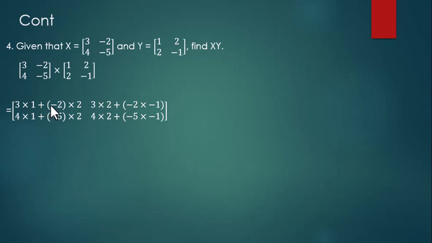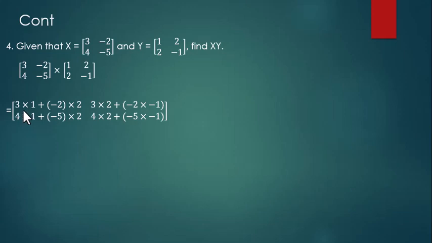This becomes our first row, first column. Then first row, second column, we have 3 multiplied by 2 plus negative 2 multiplied by negative 1.